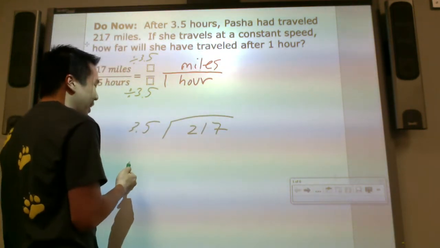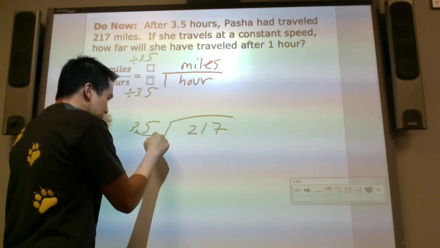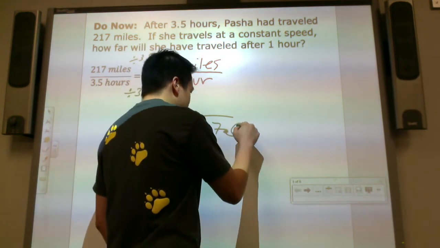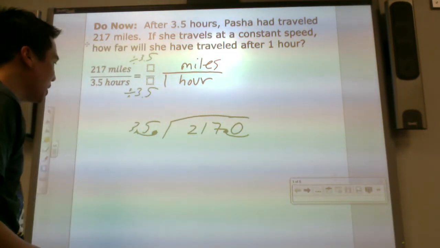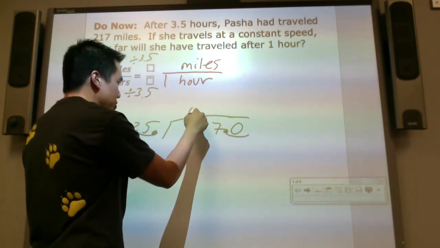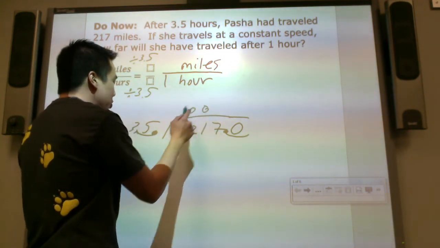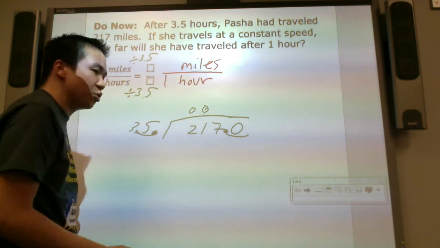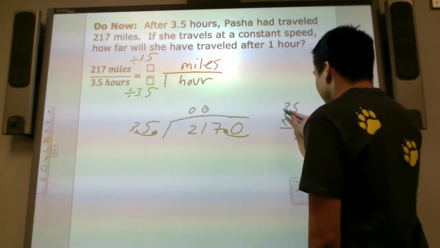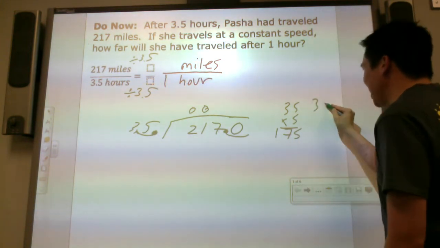Well, I don't like dividing by decimal, so I move this 1 over. And here's a decimal right here at the end. I move this 1 over. So how many groups of 35 go into 21? How many groups of 35 go into 217? Let's see, 5 groups? No. Maybe 6 groups.